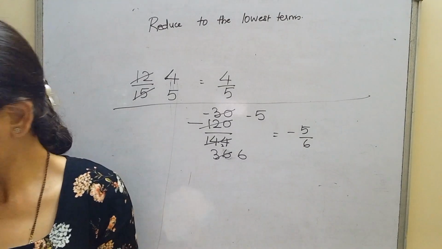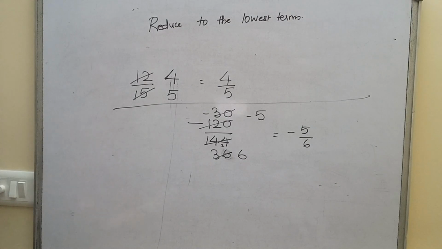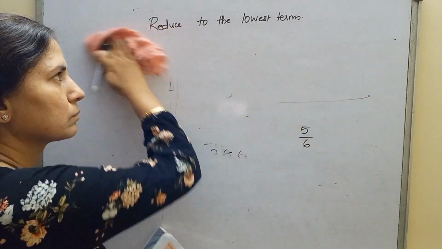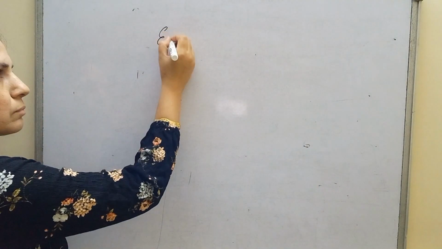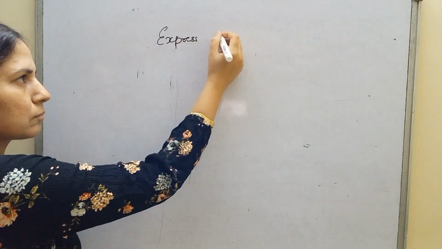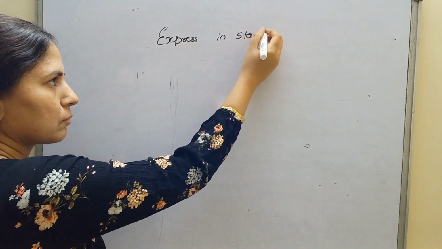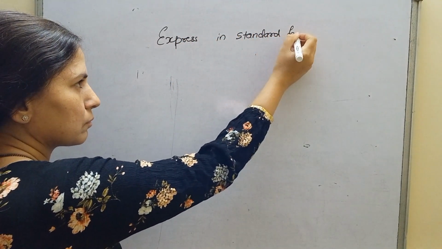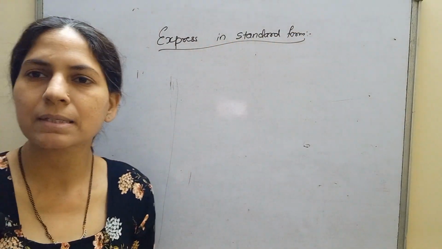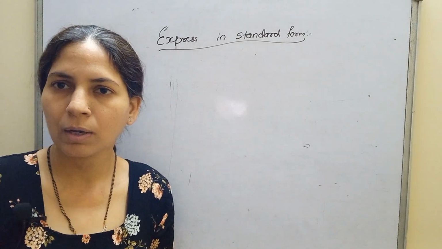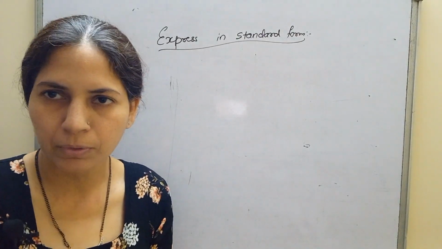Yeah. Now last question is, express in standard form. What do you mean by expressing it in standard form? Expressing it in standard form means if you have a minus sign in the denominator, put it in the numerator.